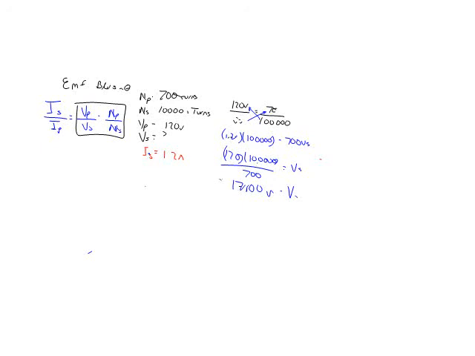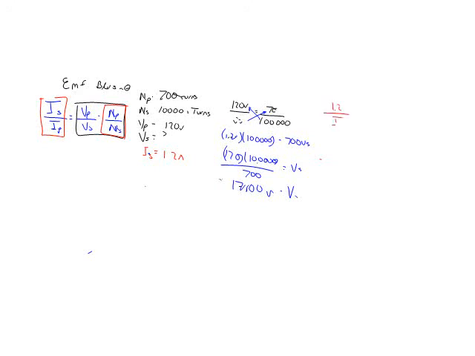Okay, so now I can either use VP over VS or NP over NS. I'm going to use NP over NS just in case I made a mistake when I solved for VS. That way it's not reliant upon a number that I derived or calculated. It's reliant on the stuff that was given, so I have less of a chance of making a mistake. But either way, it will get you the answer. Okay, IS is 1.2. IP is what we're looking for.